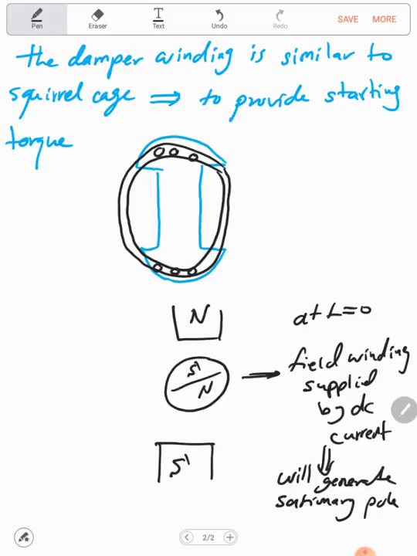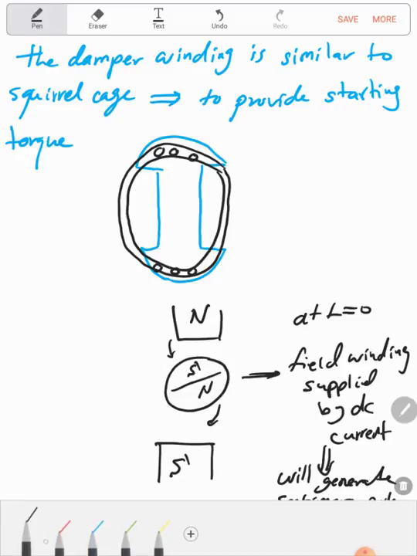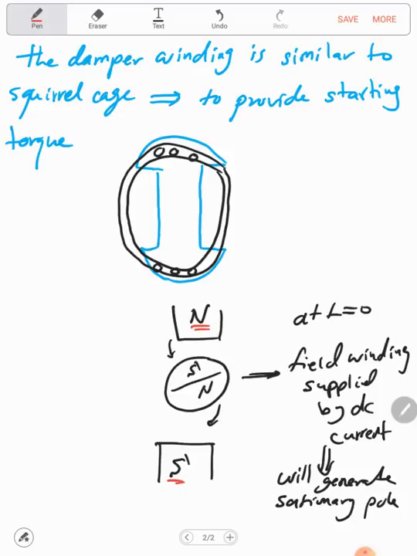Now at t equal to 0 the south will try to catch the north, and the north will try to catch the south, but before even the rotor is rotating, the magnetic pole for the stator is changing. Now here will become south and here will become north. Why?